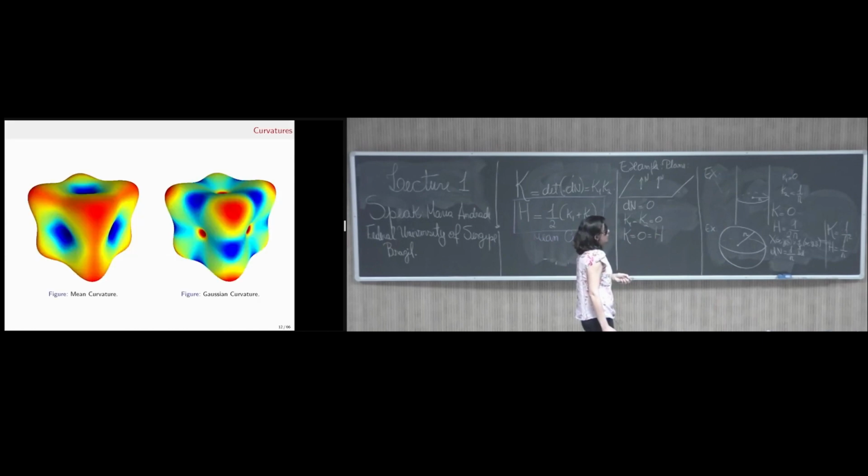What more examples can I show you? In this example with these images, on the left you have the mean curvature, and on the right you have the Gaussian curvature.